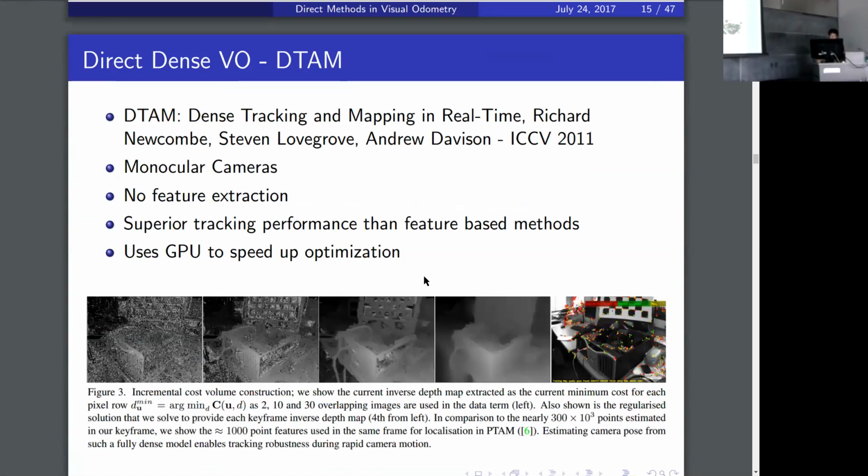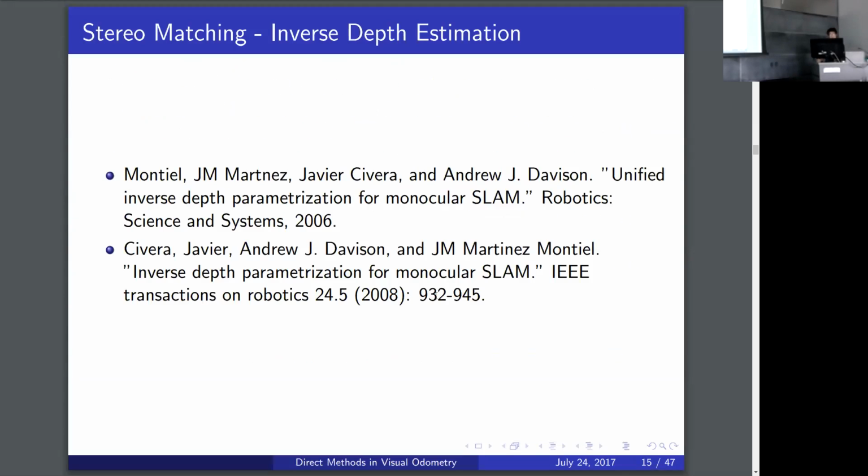So, what is inverse depth? I can only say that, as the name suggests, it's 1 over the depth, and it goes along the lines of, if the object is really far, you just denote it with a small value instead.